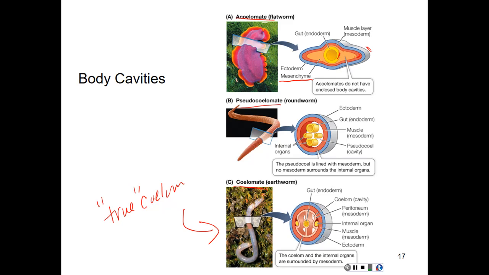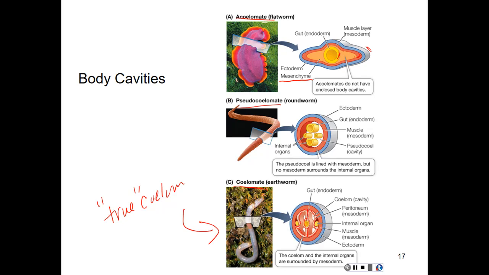See this light pink tissue here? It is lining the mesoderm and, look at that, it's also lining the endoderm. And additionally, it connects through this coelom and it suspends the internal organs. The internal organs will be suspended from it. That is the situation with what we call a true coelom or true body cavity.